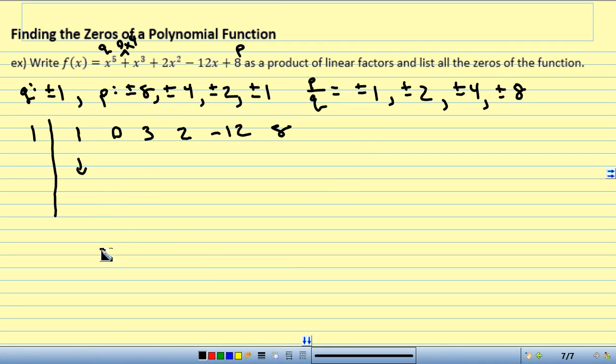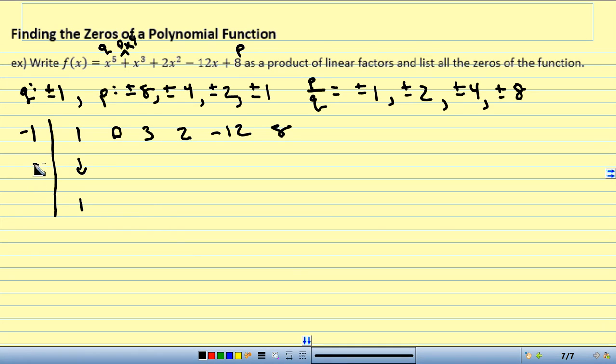So bring down your 1. 1 times 1 is 1. 1, 1, 4, 4, 6. Ay, that ain't going to work out. 6, and that's going to give me -6, and then -6 gives me 2. So guess what? Our root's not 1. Let's try another one.